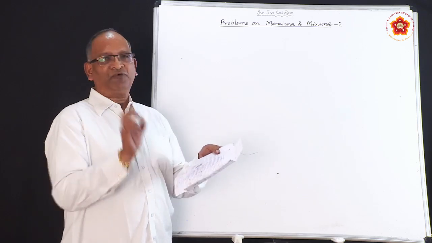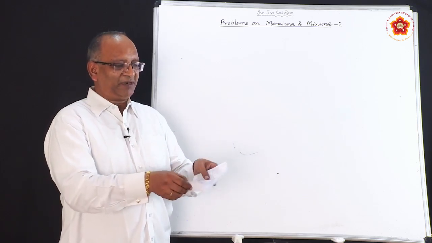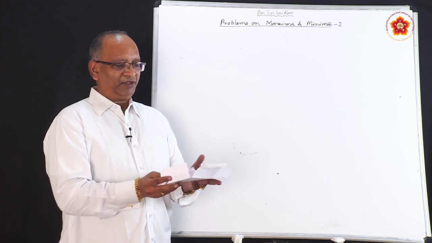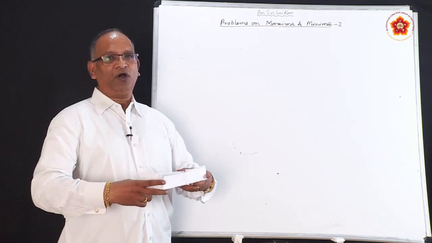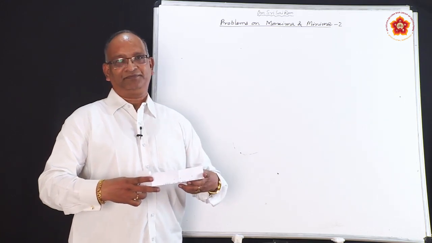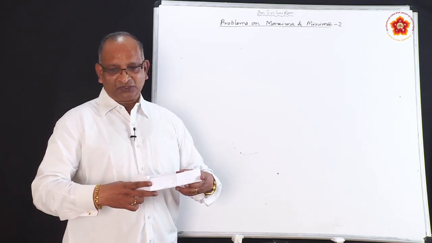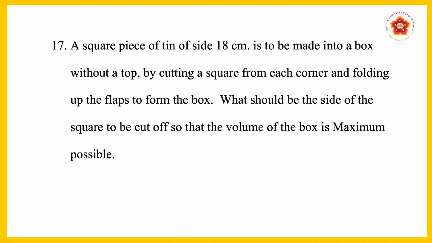You removed it from 4 corners and folded it in this particular manner, and you can see that it becomes a box, and this particular box is open. What he is asking us to do is to find when the volume is going to be maximum. So, let us solve this interesting problem.